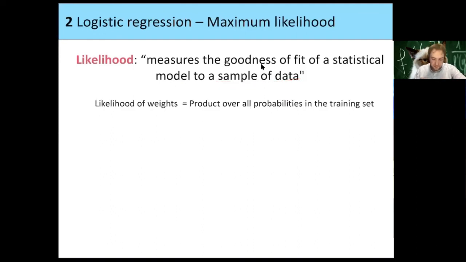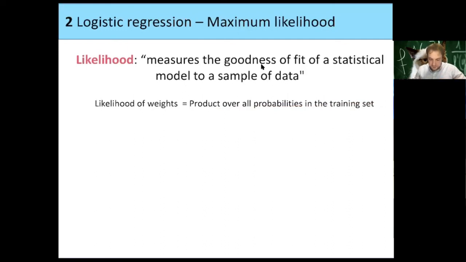In our case, it will be a function where we plug in theta, and then it gives back how likely this theta is the best possible fit to our sample of data. And since our hypothesis measures the probability, the likelihood of some theta will be just given by the product of all probabilities over the training set.